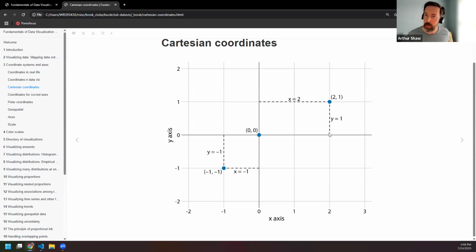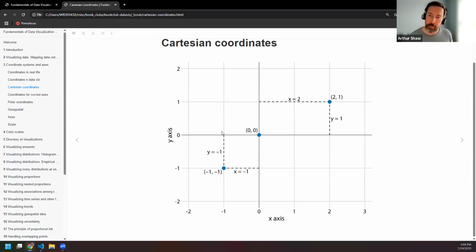It's one unit up on the y-axis, 2 units over on the x-axis, and then we can drop our points in that Cartesian space as a two-dimensional space, if you will. Here we have a coordinate that's in positive space, so it's +2 and +1, but we could also have it equally in the negative quadrant.